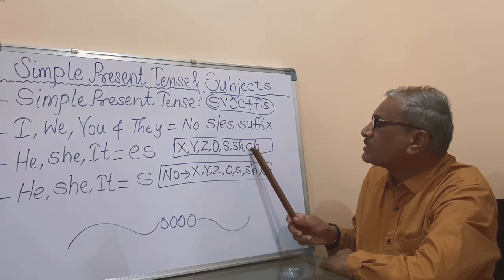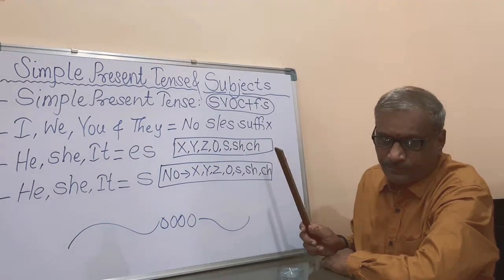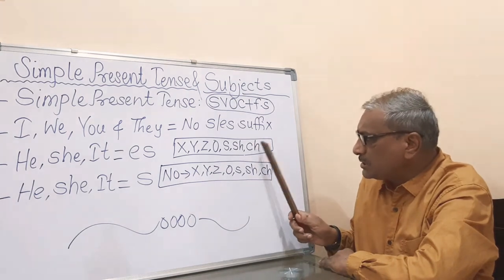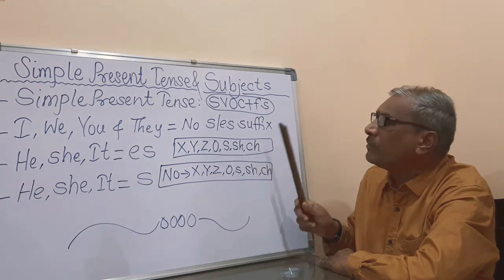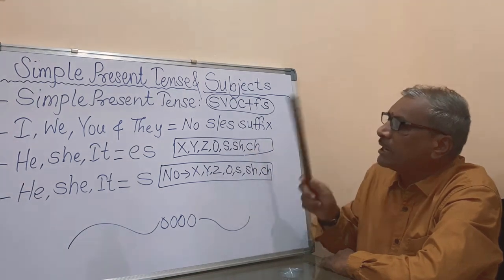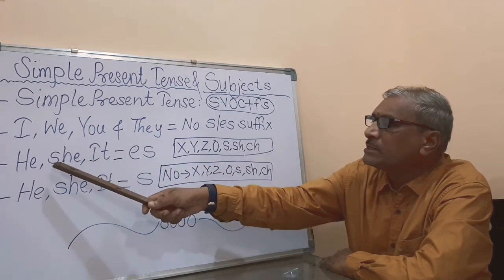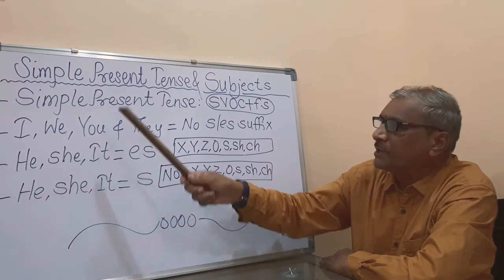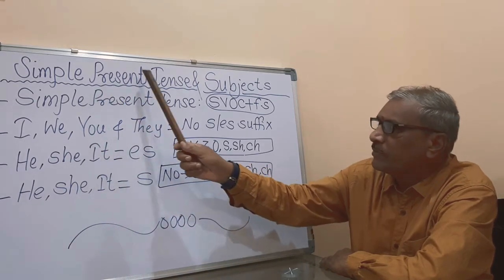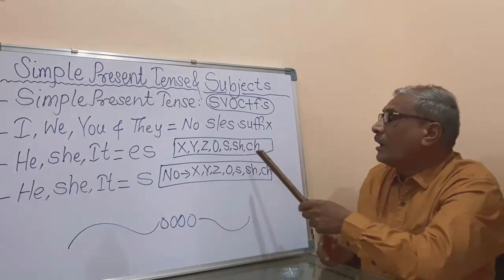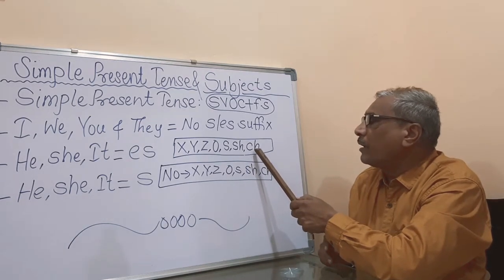Again, if CH is there at the end of the main verb, then we can use the es suffix again. But the condition is that the subject should be he, she, it, and the tense should be simple present. Now we will take one example.